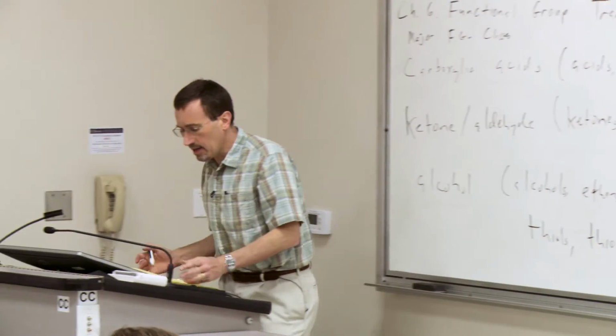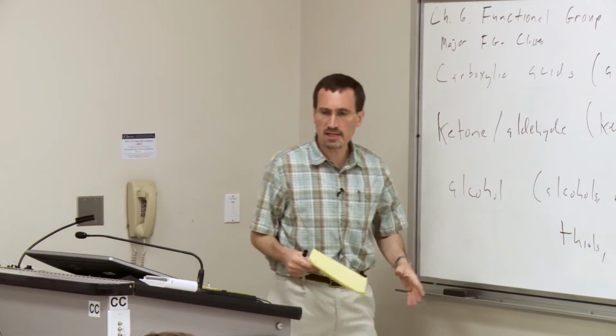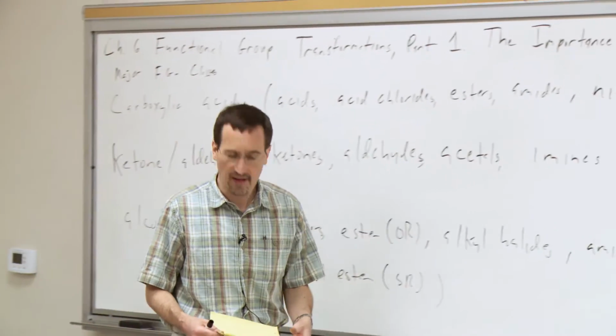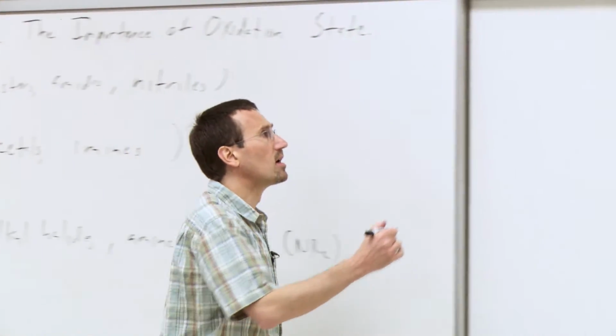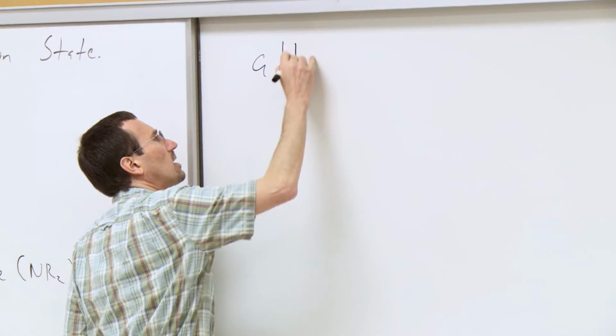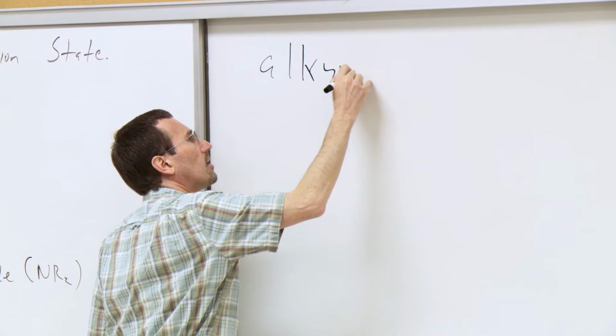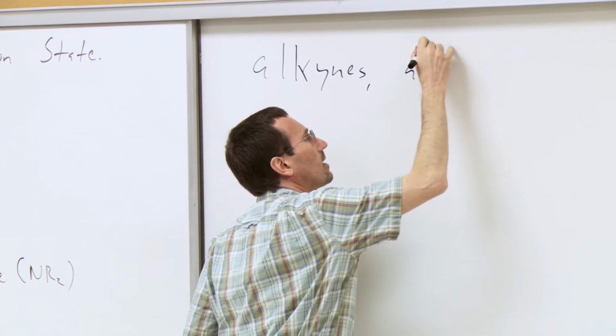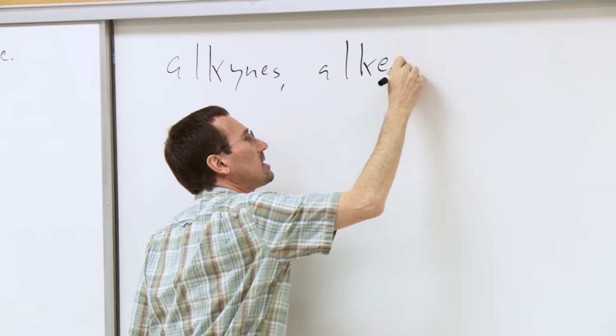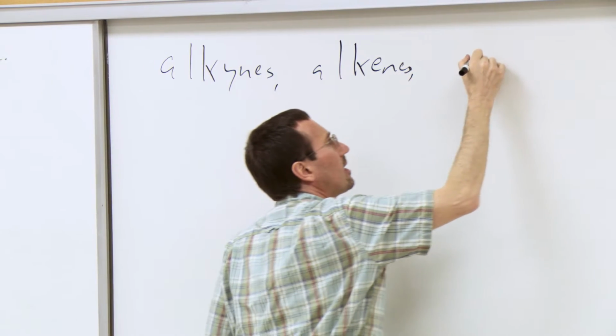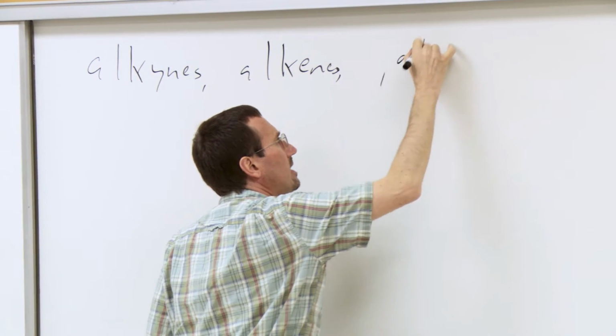And if we continue our traipse down the levels of oxidation state, we come to alkynes, alkenes, and alkanes.